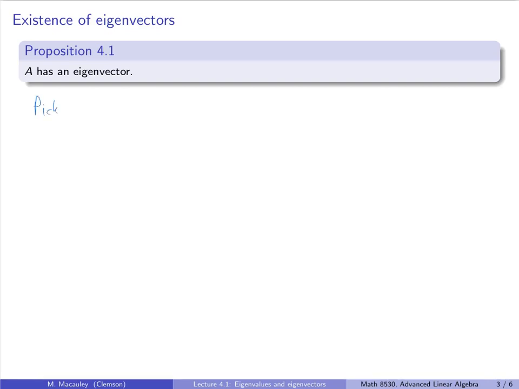We will pick any non-zero vector W in X, and we will consider the following n plus 1 vectors: W, AW, A squared W, all the way up to A to the n W. Notice this is n plus 1 vectors, so they must be linearly dependent.